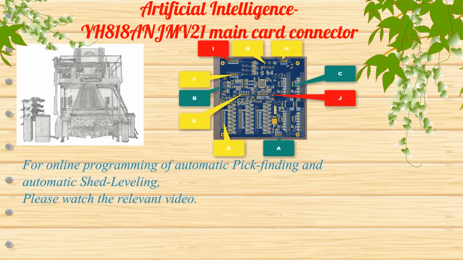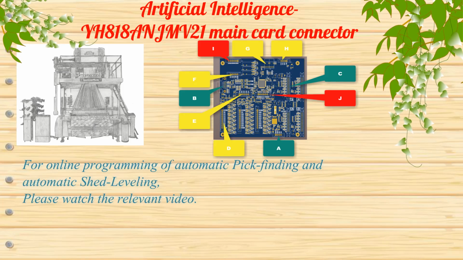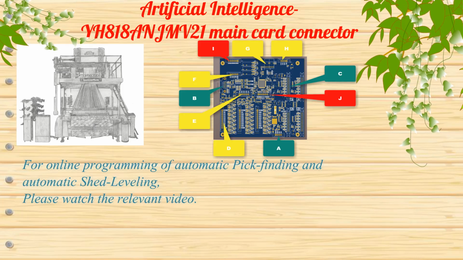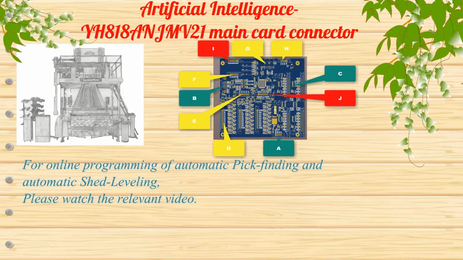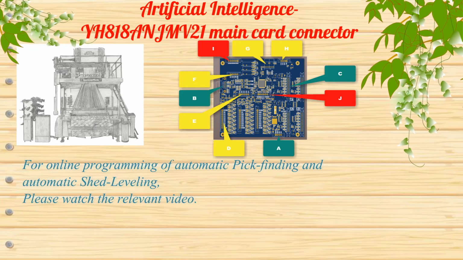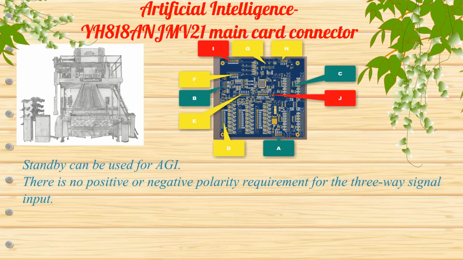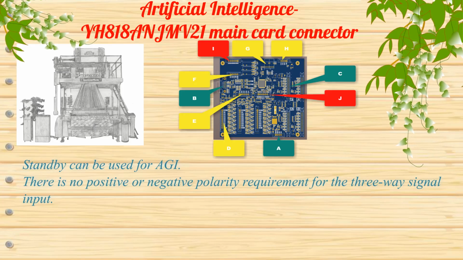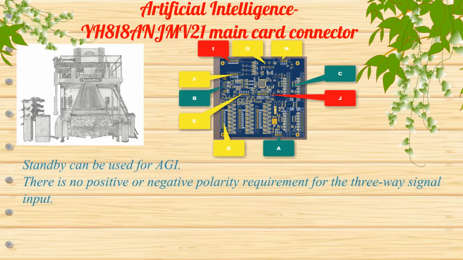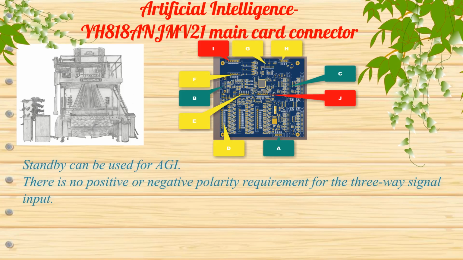For online programming of automatic pick finding and automatic shed leveling, please watch the relevant video. Standby can be used for AGI. There is no positive or negative polarity requirement for the three-way signal input.